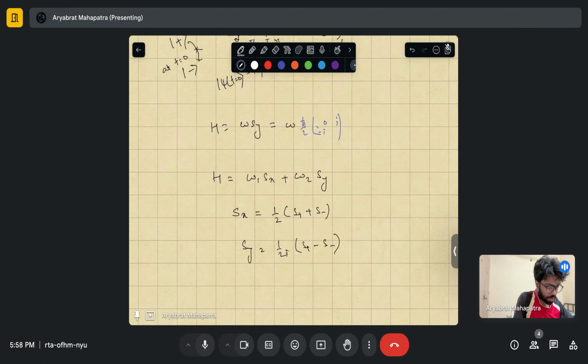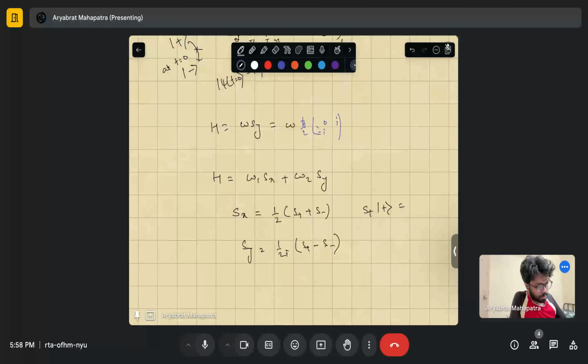When you write it this way, your Hamiltonian will be in terms of S plus and S minus, and these will be easy to use to calculate probabilities or any expectation value, like the expectation value of energy. Because S plus and S minus are basically defined by their action on the Sz eigenstates, plus or minus.